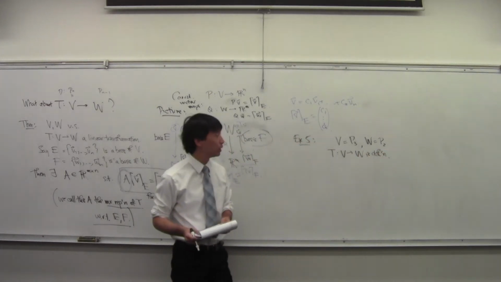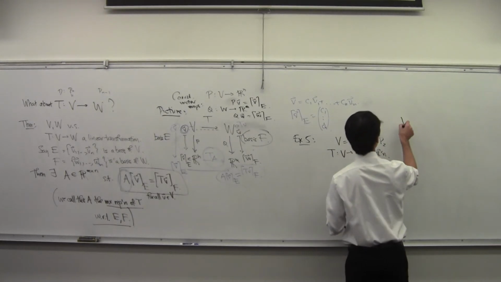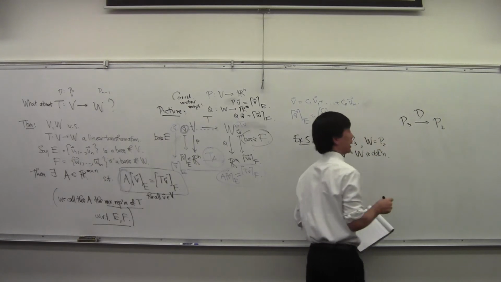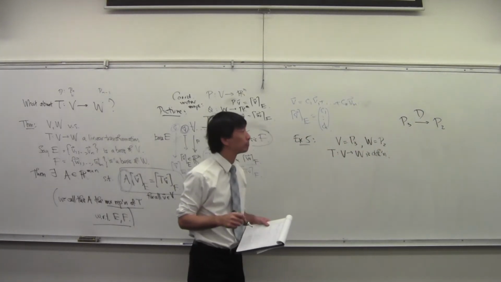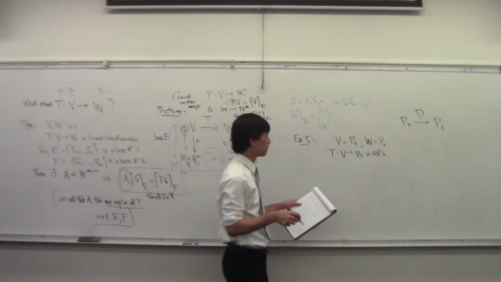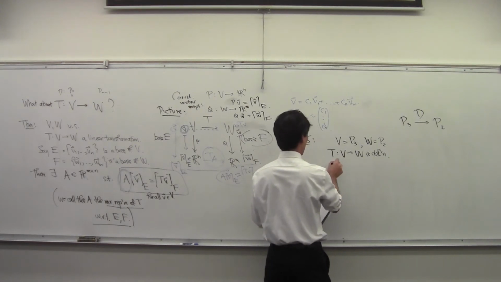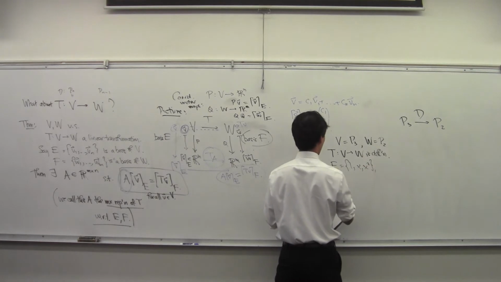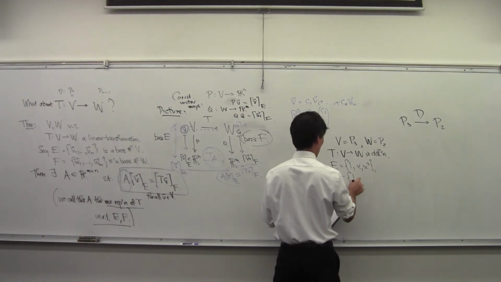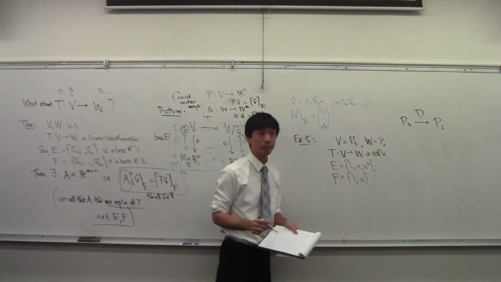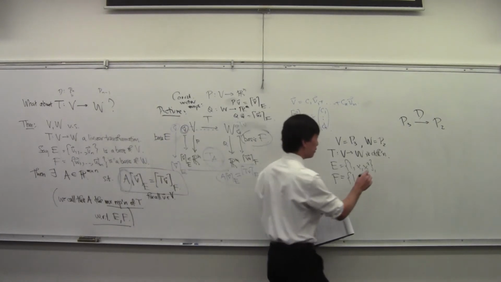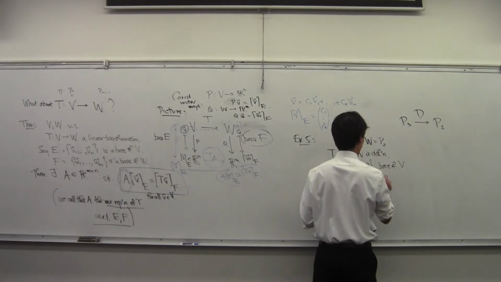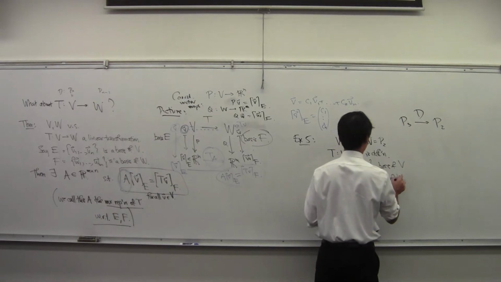So you've got your polynomials: P3, P2, and the differentiation operator. Let E be the standard polynomial basis 1, x, x^2, and F be the standard polynomial basis 1, x. So this is the basis of V, and the basis of W.